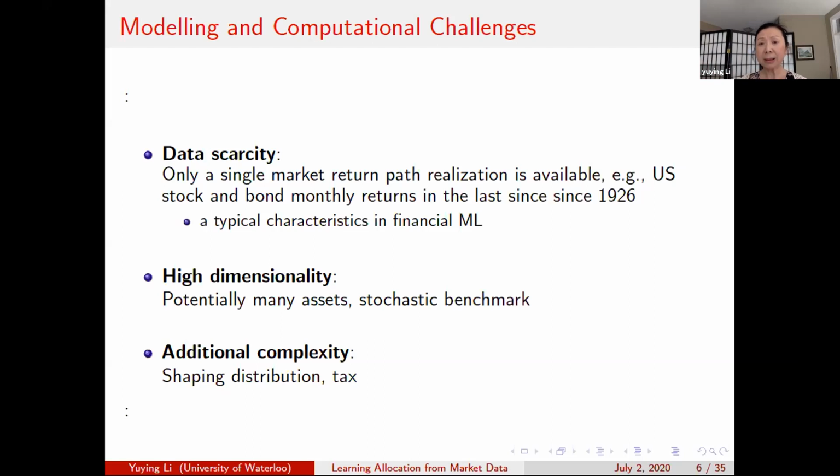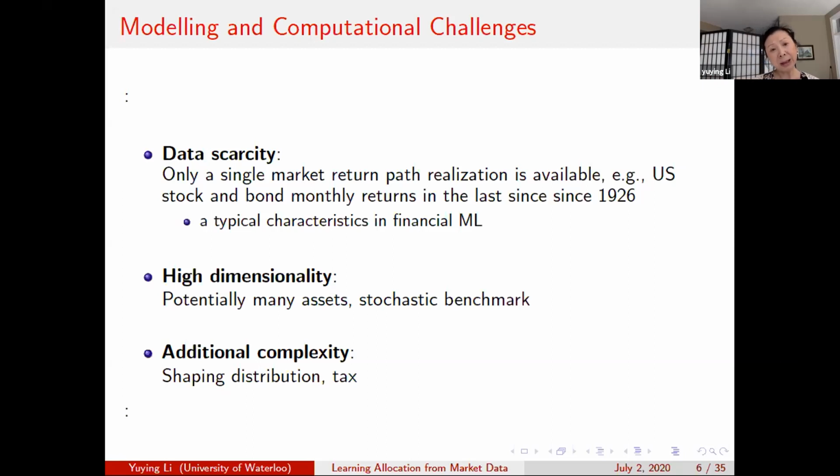This makes it difficult to approach this problem if we're going to solve it in some kind of learning from data approach, because the amount of data we have from the financial market is really, really small. And this is indeed a typical characteristic of many financial machine learning problems if we approach it this way. We have a very small amount of data for us to learn.